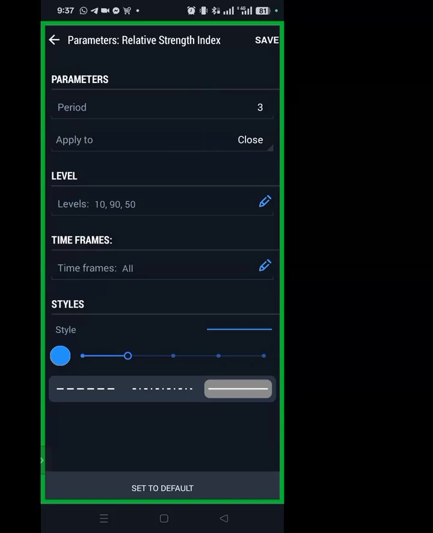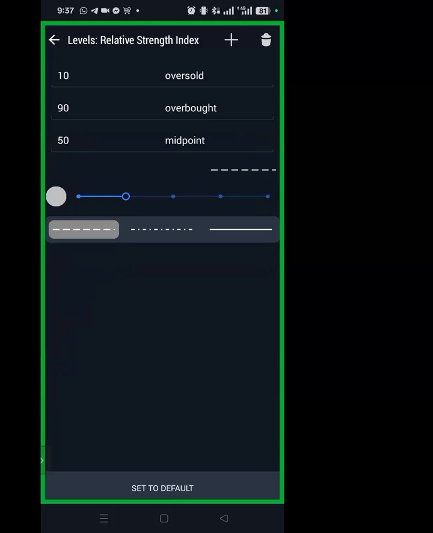And then I need a level that shows me the extreme low the market can go and the extreme high the market can go, and gives me the midpoint between the high and the low. Now, the difference between 90 and 50 is 40. And then the difference between 50 and 10 is 40.